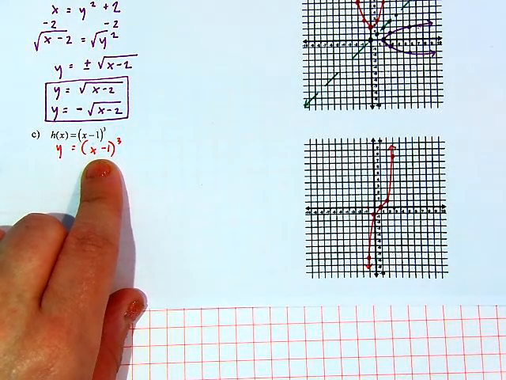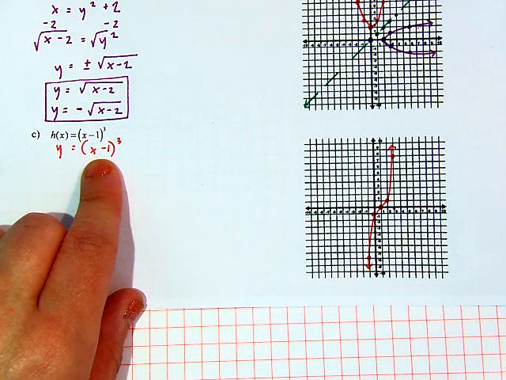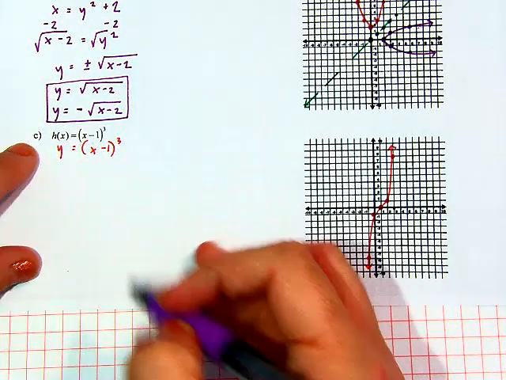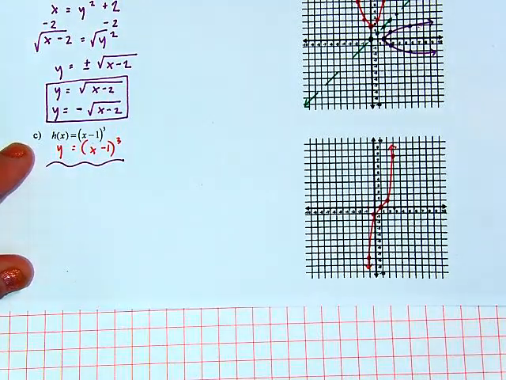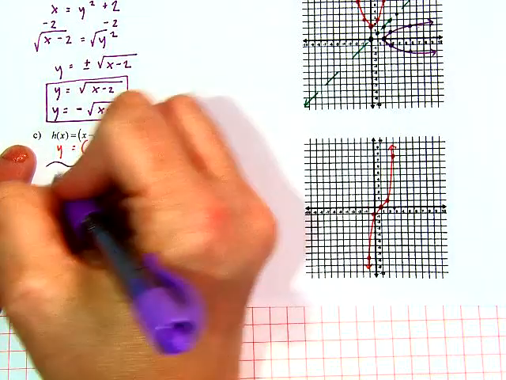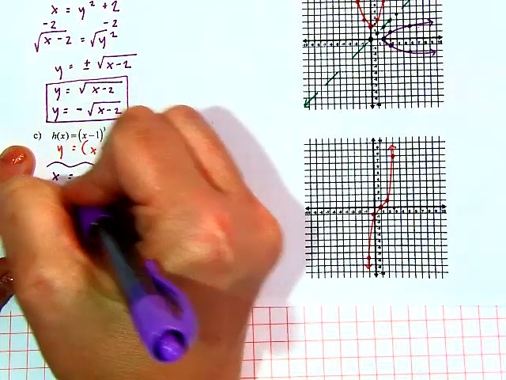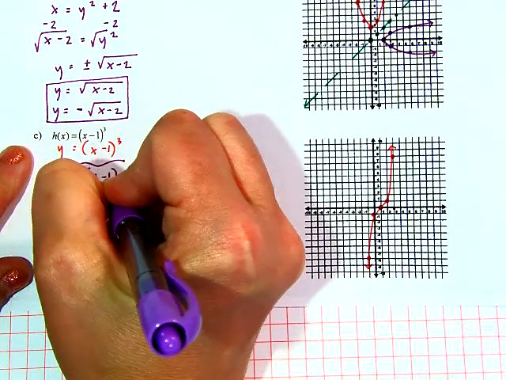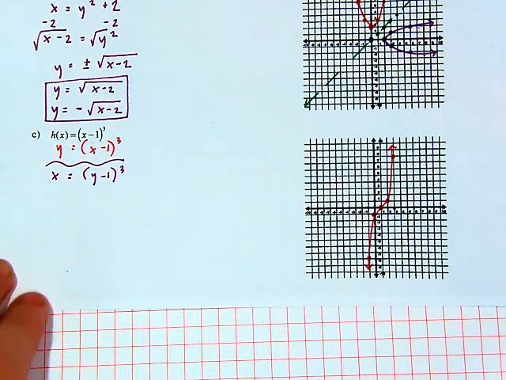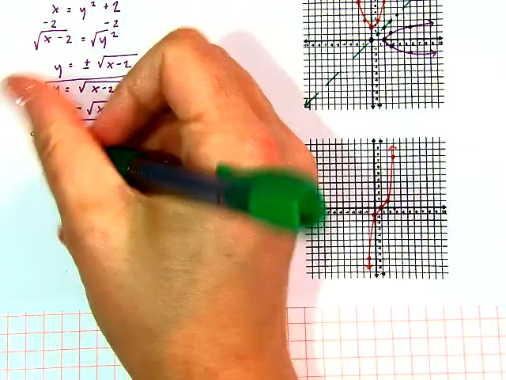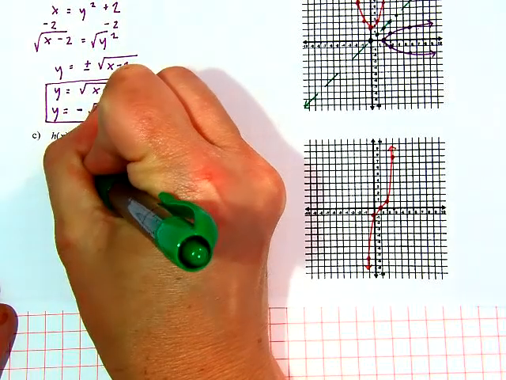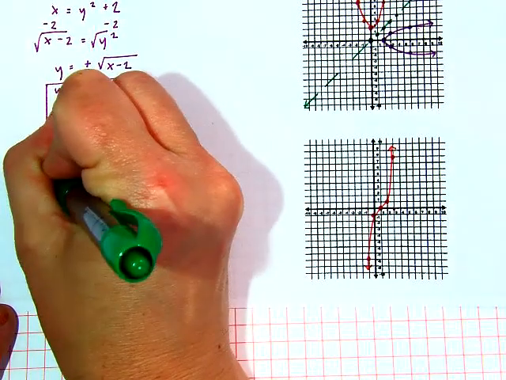All right, so now I need to derive its inverse. So here I need to swap the x and y values. So x equals (y minus 1) cubed. So here, to get to my y, I have to unlock that cube, that exponent of 3. So I'm going to take the cube root of each side.